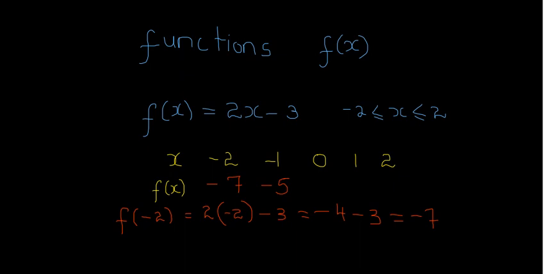When x is equal to 0, I'll get -3. When x is 1, I will get -1. And then finally, when x is equal to 2, I will get 1. The values of f of x are -7, -5, -3, -1, and 1.